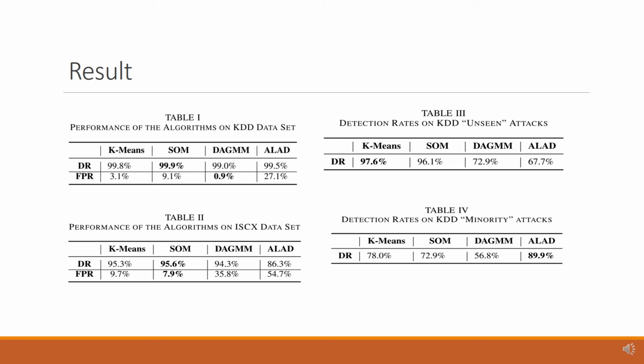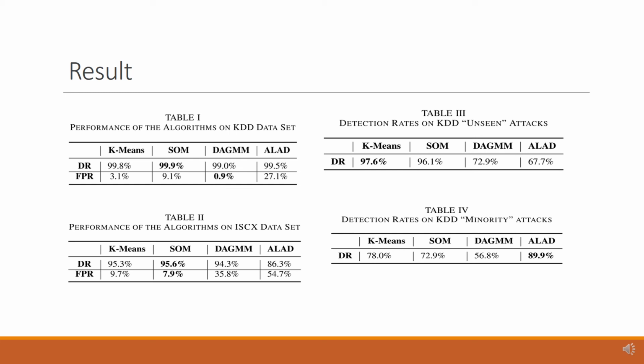As you can see, for KDD dataset, SOM has basically the best detection rate, which is 99.9%, and for the same dataset, DAGMM has the least false positive rate, which is 0.9%. And for the unseen attacks on KDD, K-means has the best detection rate, which is 97.6%, and ALAD has the best detection rate for minority attacks in KDD.